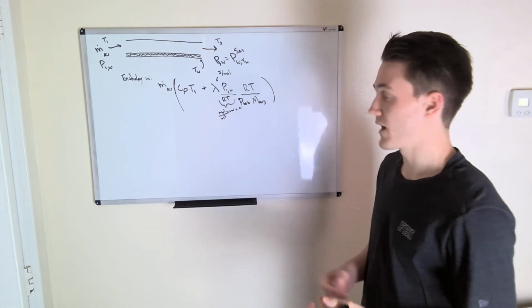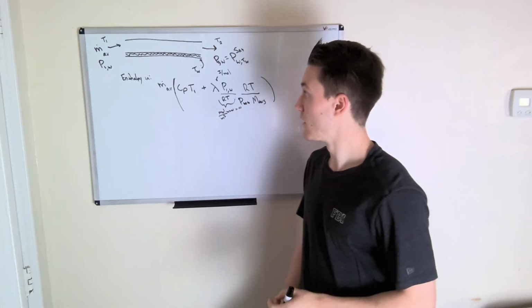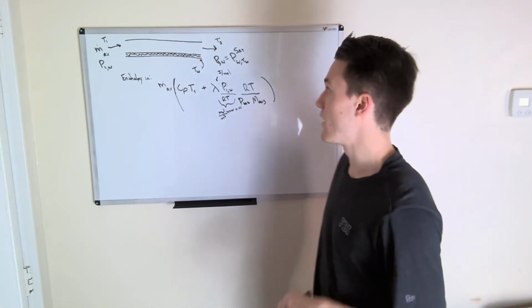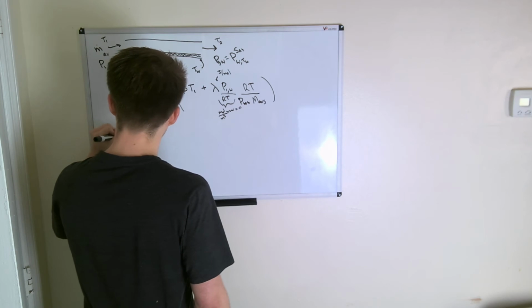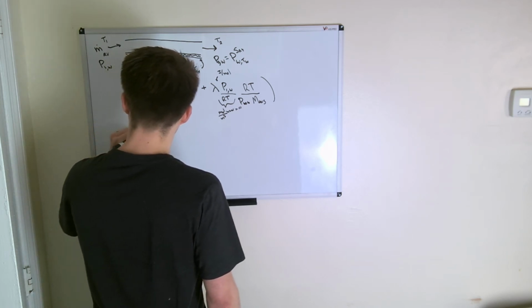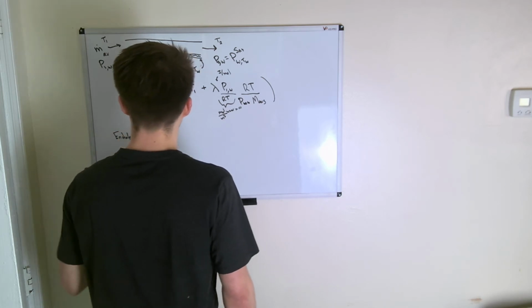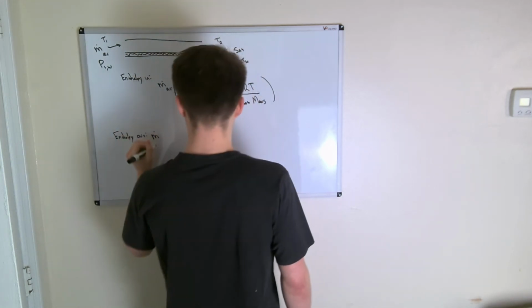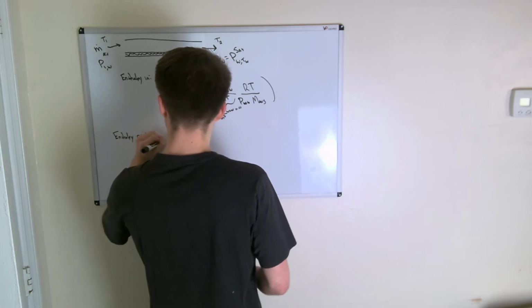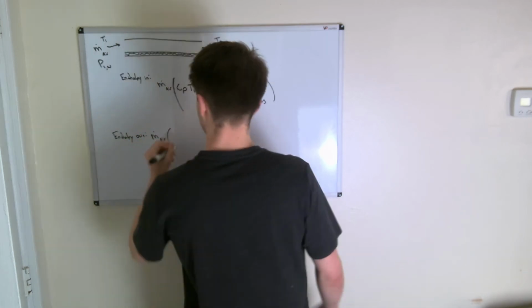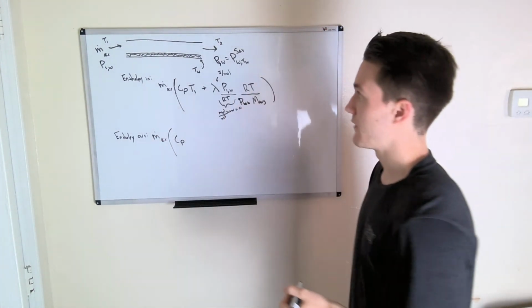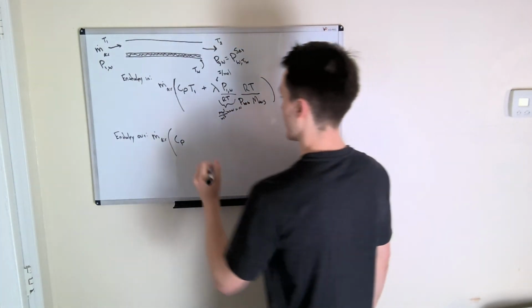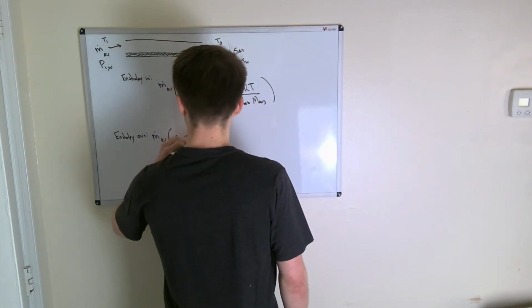And next we're going to make our enthalpy out equation. And that's going to be very similar other than a few minor changes. So we still have our mass flow rate of air multiplied by our same heat capacity, but instead of our inlet temperature, we want our outlet temperature.